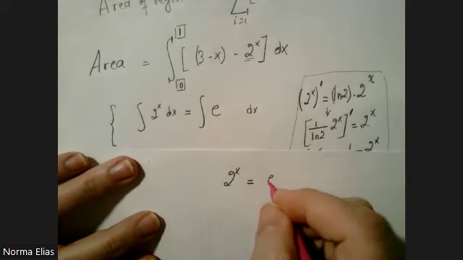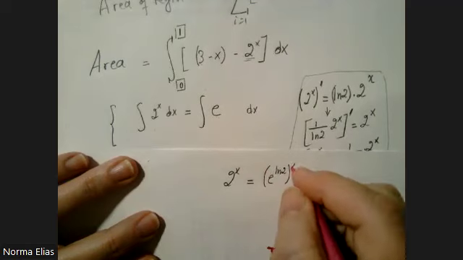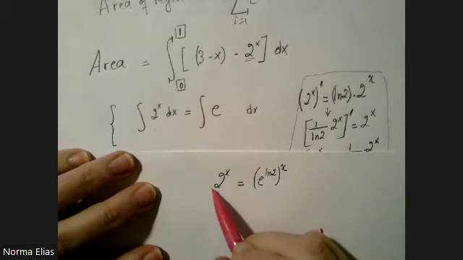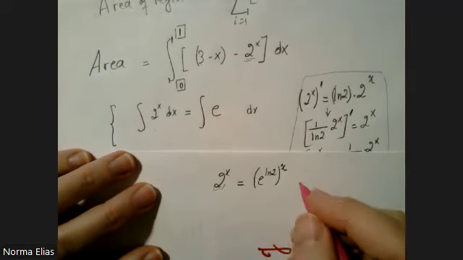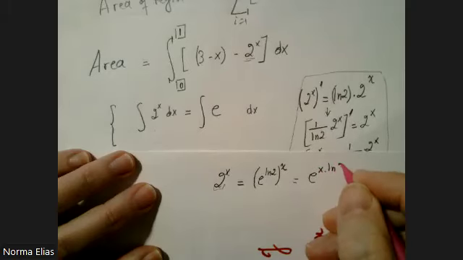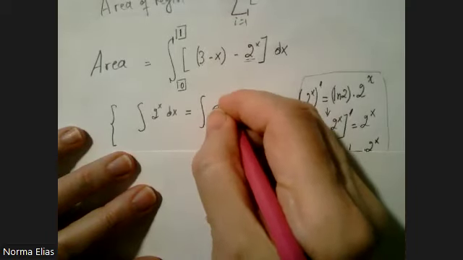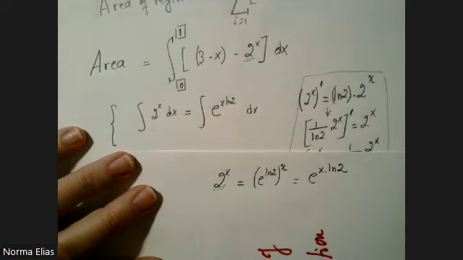The 2 is e to the ln of 2, raised to the power x. True or false? 2 is e to the ln of 2. That's what e is. So this is going to give me e to the x ln of 2. So 2 to the x, I can write as e to the x times the ln of 2.